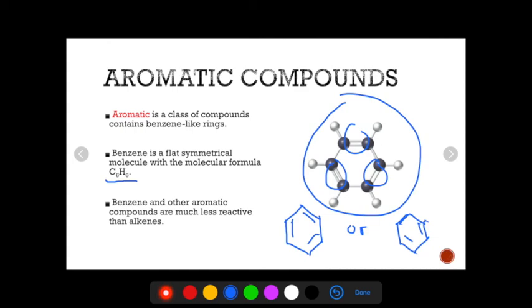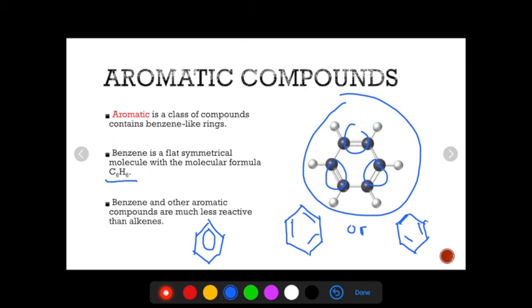What's happening is there are resonance structures, and anytime you get resonance, that means these double bonds are shared within all 6 carbons. A lot of times you'll see the benzene ring with a circle in the middle. That's just showing the resonance, showing those double bonds are shared between all the carbons. That's why it doesn't matter where you put those double bonds.